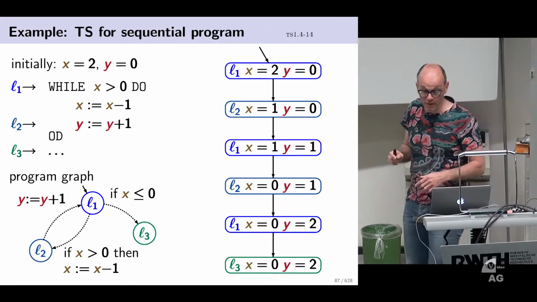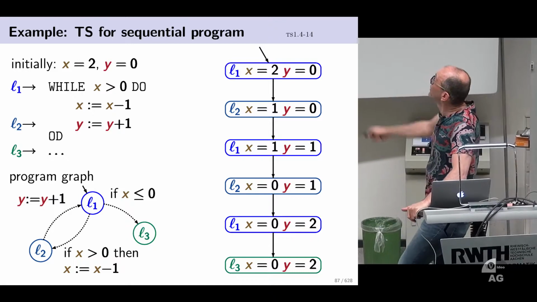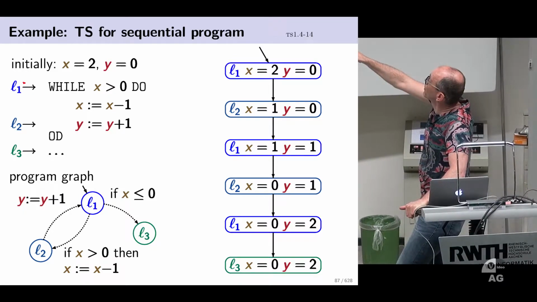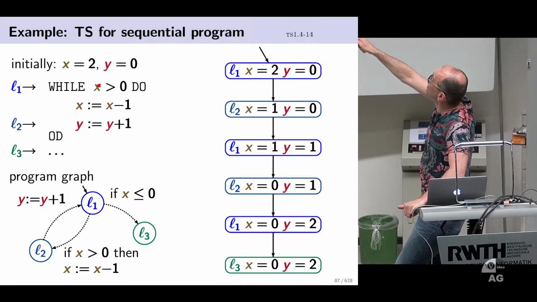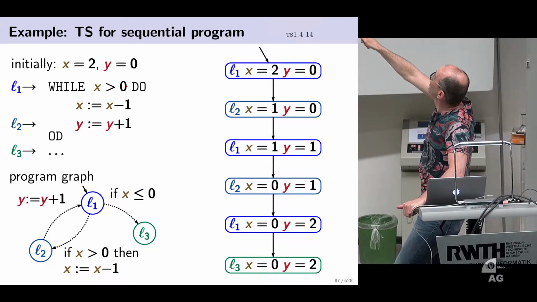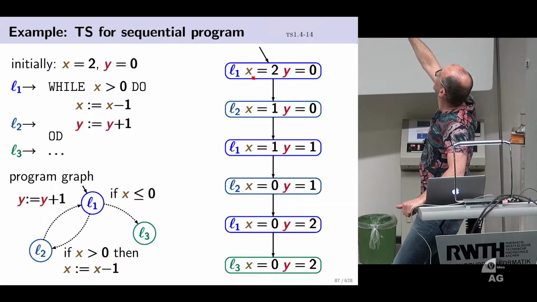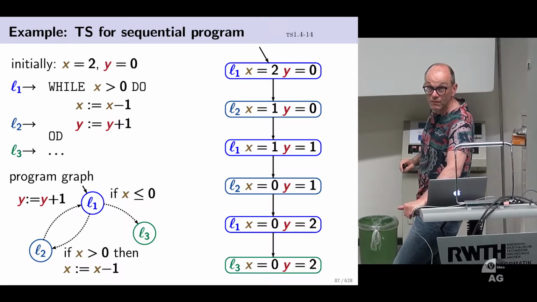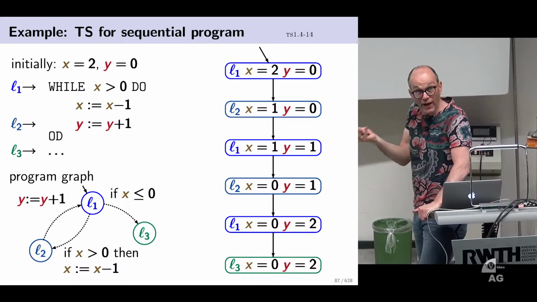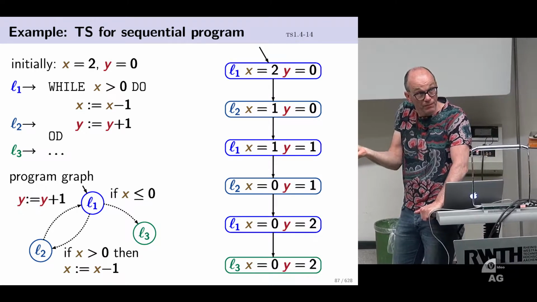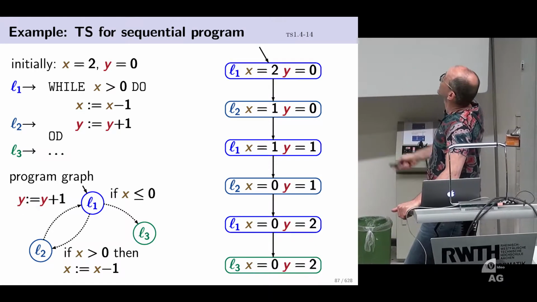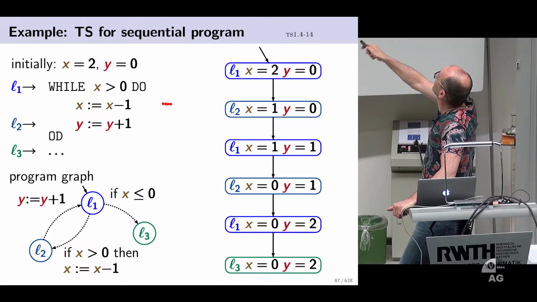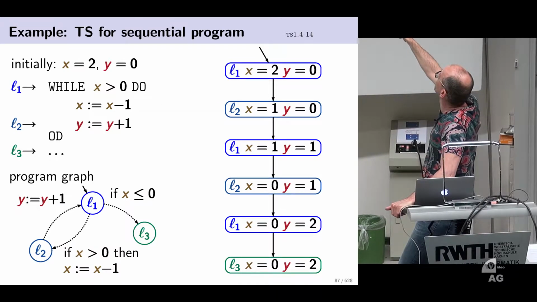Good. Now I'm about to execute L1. Remember, what are we going to do? We're going to check whether x is larger than 0. So we're going to check in this state whether x is larger than 0, which is the case because x equals 2, which means we are able to execute L1. So let's do this. What then happens is that we decrement x by 1, so this 2 becomes a 1.